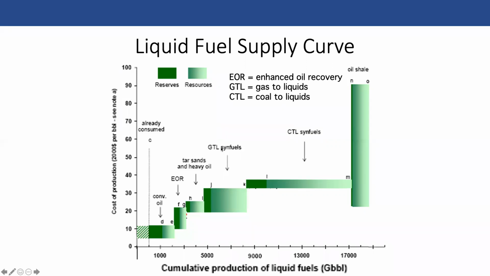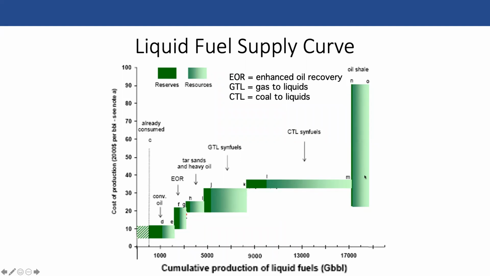And then you can do something called gas to liquids or coal to liquids, and this is essentially creating gasoline artificially through chemical processes. So you might take something like methane and treat it in such a way that you can extract gasoline or diesel or jet fuel, or you can do that from solids as well, coal to liquids.